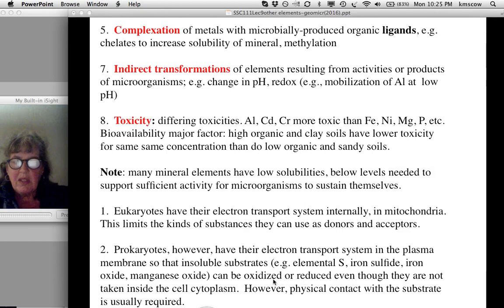For example, with these oxides, they reduce them, or if it's a reduced compound, oxidize it, even though they don't take up the ions directly into their cytoplasm. But through this physical contact, they can shuttle some of the electrons back and forth between the compound that they're using as a donor or acceptor and their electron transport chains. It's super cool.